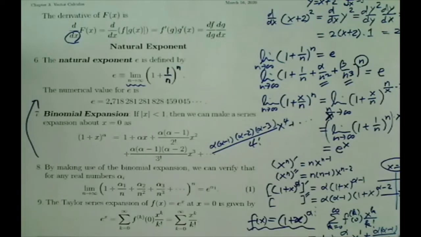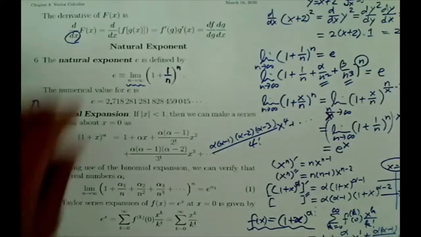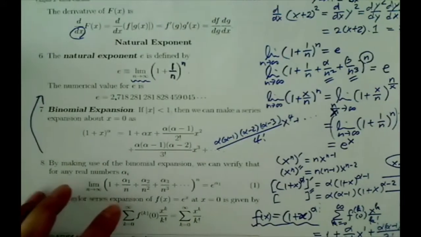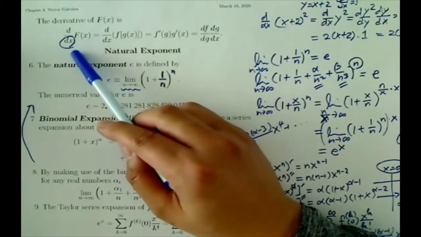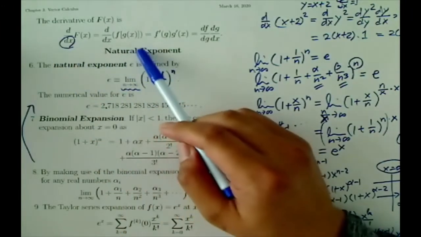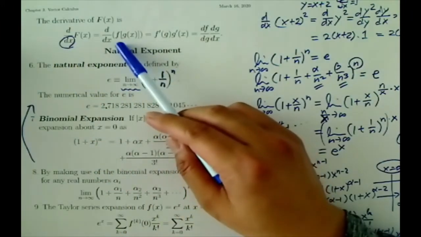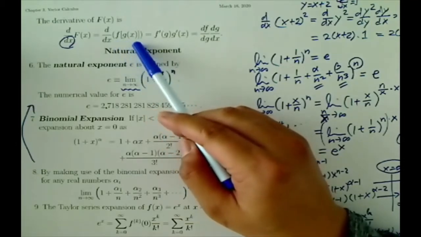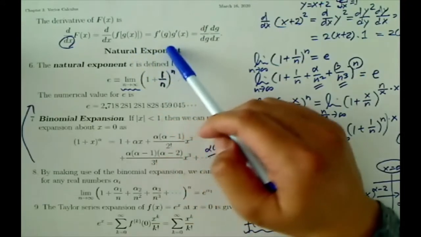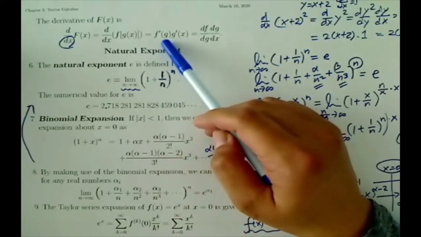The derivative of a composite function capital F of x can be computed in the following way. Capital F is differentiated with respect to x, then substitute everything: capital F is a small f of g of x. First, we compute the derivative of f with respect to g.